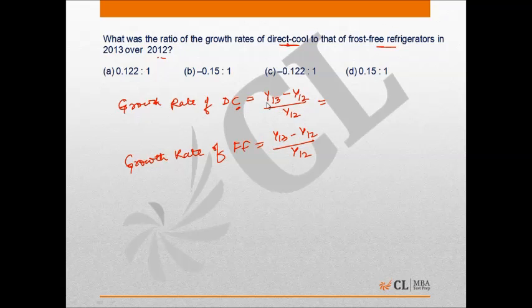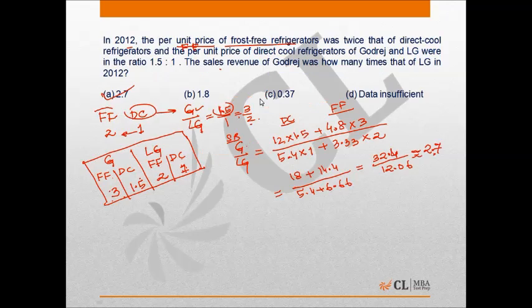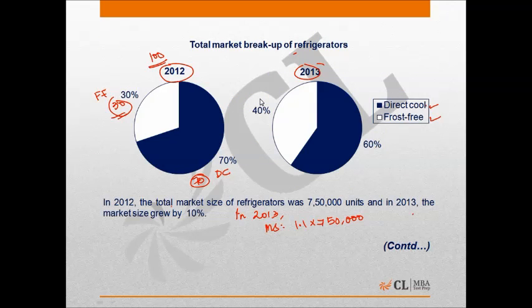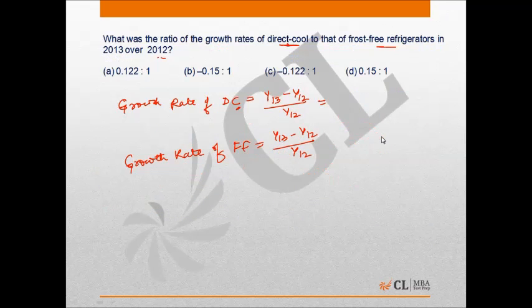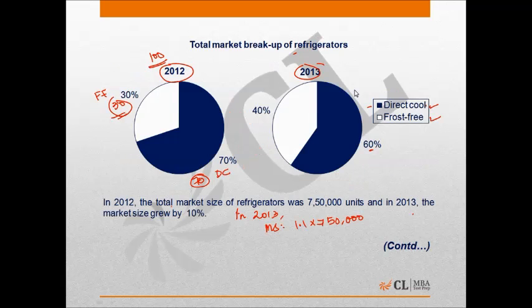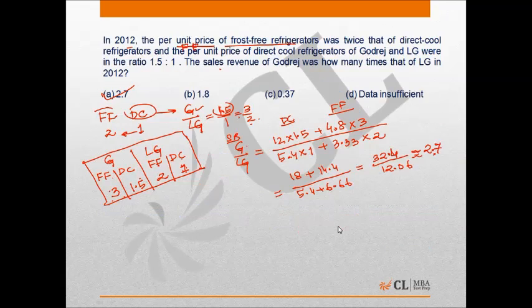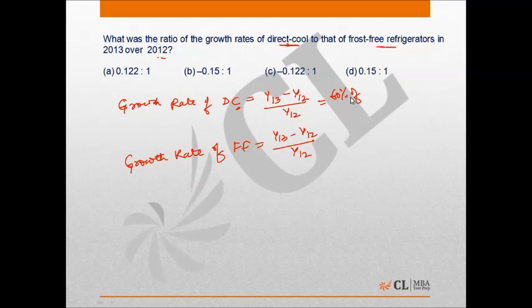So what is the direct cool's value in the year 2013? In the year 2013, the direct cool was 60%. So this was 60% of, if you remember, in 2013, this was the total unit value. So we will put this as 60% of 1.1 times 750,000.